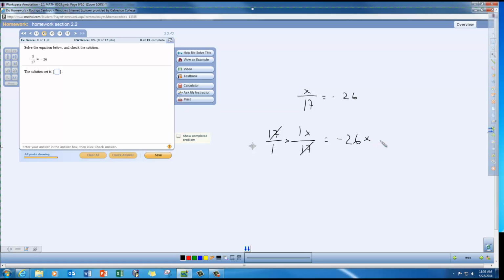What you do to one side, you do to the other side. We really don't even have to show that 17 there. And after multiplying those two numbers, we get negative 442. So again, make sure you check your work.